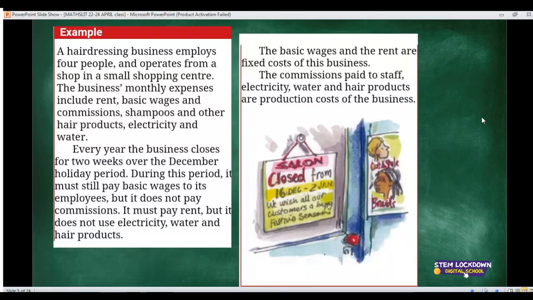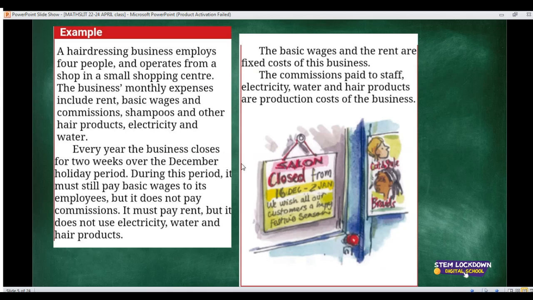Here's an example. This is taken from the Via Africa Mathematical Literacy Grade 12 textbook. So it says a hairdressing business employs 4 people and operates from a shop in a small shopping center. The business's monthly expenses include rent, basic wages and commissions, shampoos and other hair products, electricity and water.